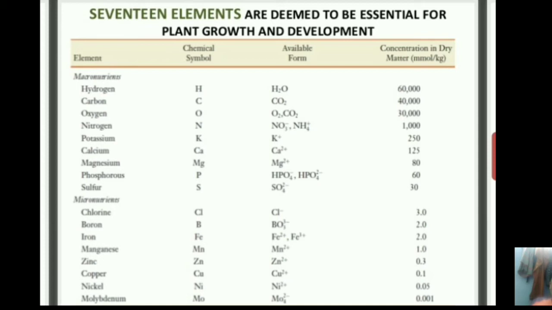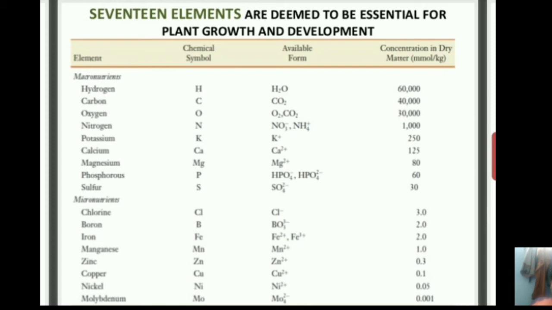Oxygen is in the form of carbon dioxide, or maybe pure oxygen, which is present in the air. It is 30,000 millimoles per kg concentration in dry matter. In the same way, we will see the concentrations one by one.